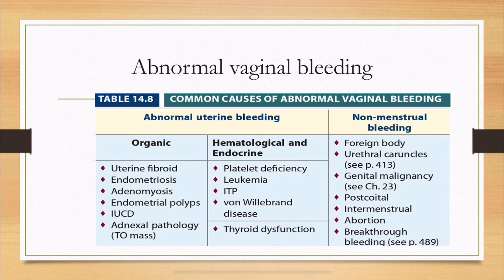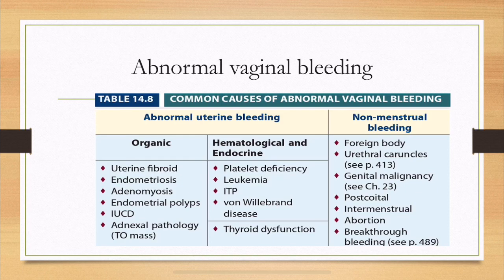Abnormal vaginal bleeding. So far we have read about abnormal uterine bleeding. Now we see abnormal vaginal bleeding. First, let us summarize abnormal uterine bleeding.